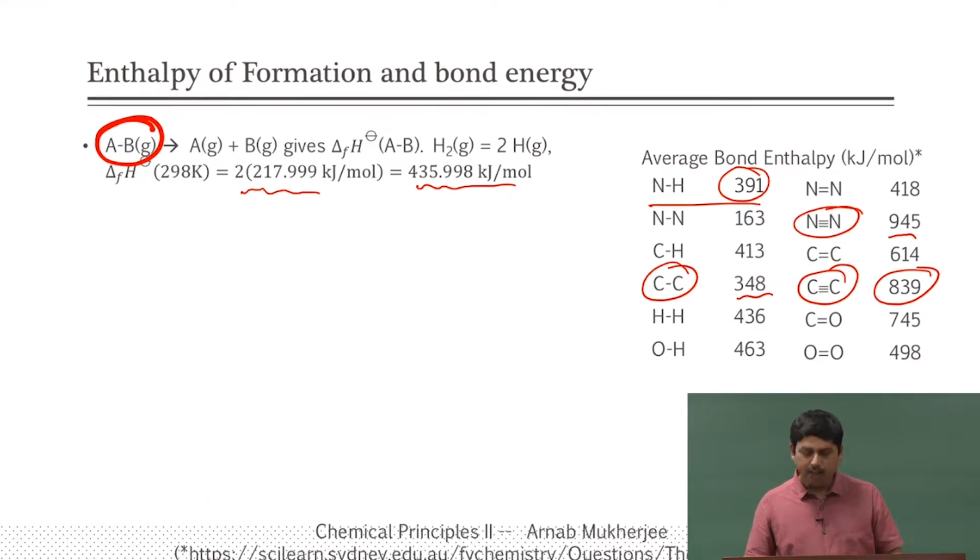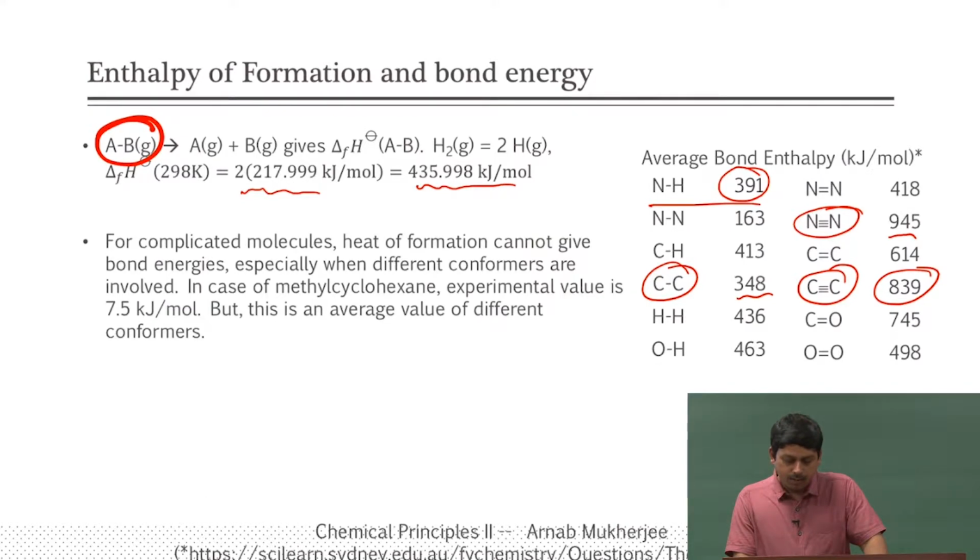So the idea is that from heat of formation you can get that, but only when they are very simple molecules, like a diatomic molecule we are talking about. For complicated molecules this bond energy calculation will be very difficult.